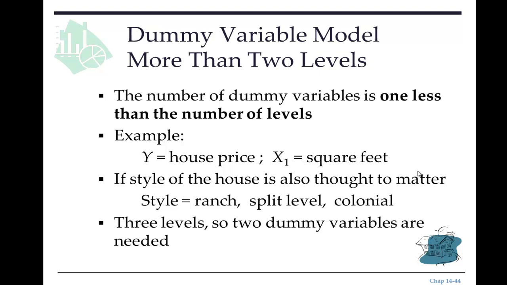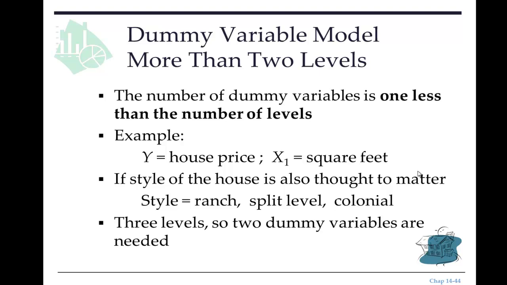You may wonder, why can't we simply use one dummy variable? Say, let's use 0 to represent ranch, 1 to represent split level, and 2 to represent colonial style. Be careful, this approach is not working. This is because the categorical variable has no numerical meaning.